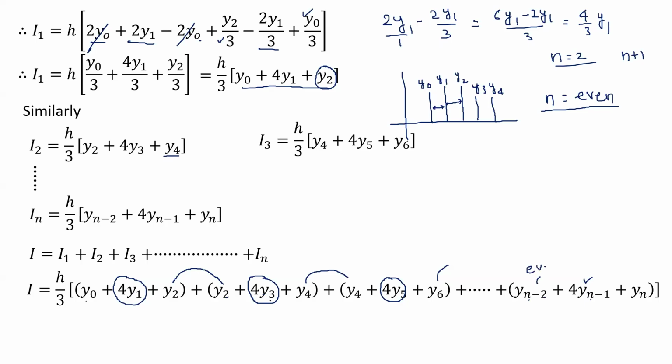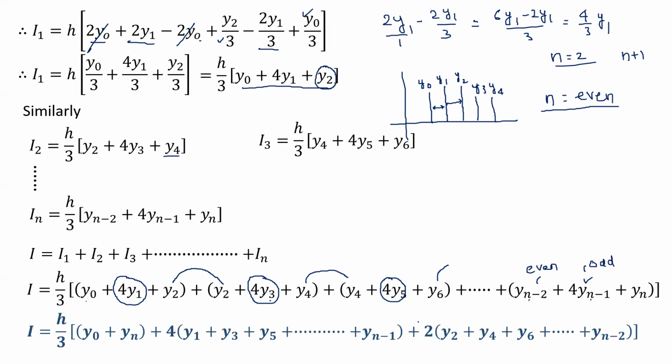So we have substituted 4 times y1 plus y3 plus up to yn minus 1, because n is always even, so n minus 1 is always odd. And n minus 2 is always even. In this we multiply 2 with all the even ones. So this is important.